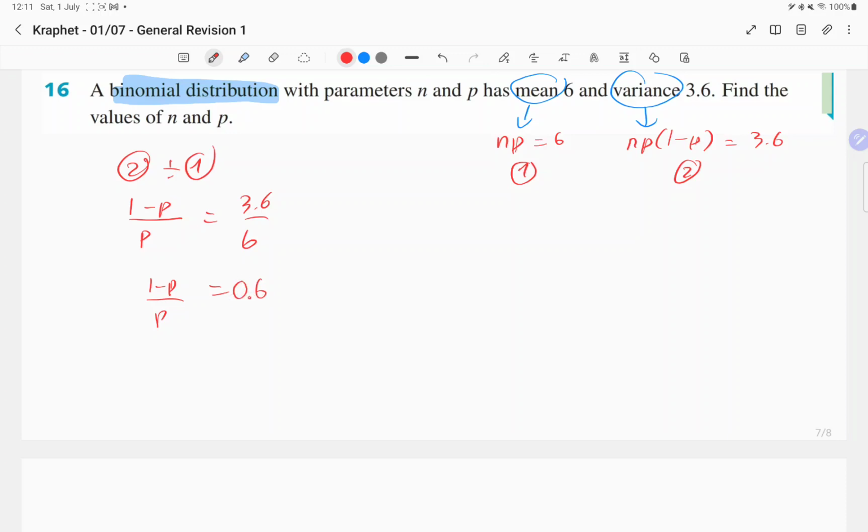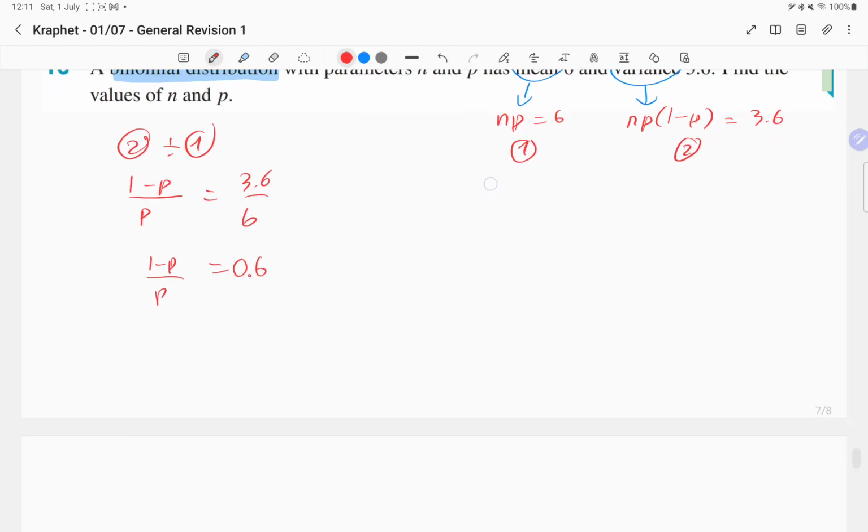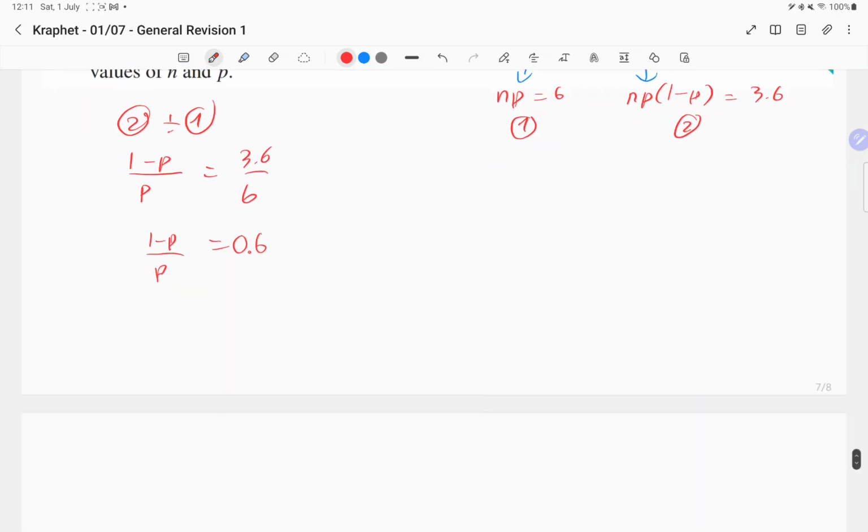Just do a revision for whole numbers and put back the decimal places after. Then bring the p over, so that'll be 0.6p. Then add 1 to the other side, 1 equals 1.6p. So p would be 1 over 1.6.